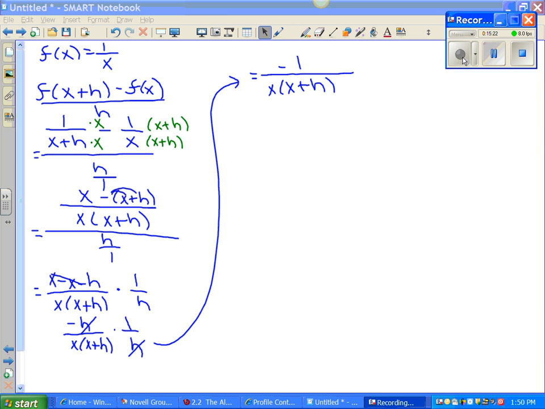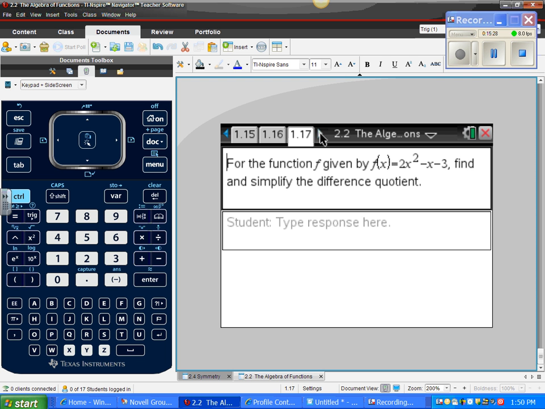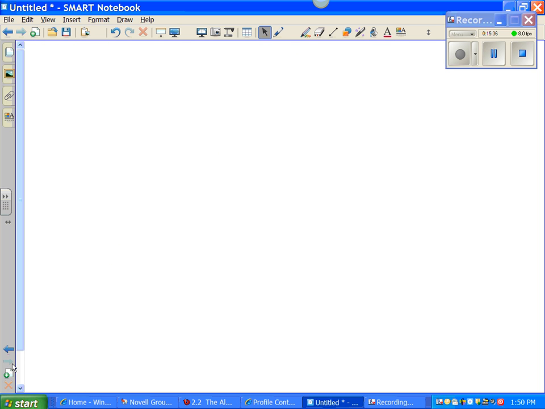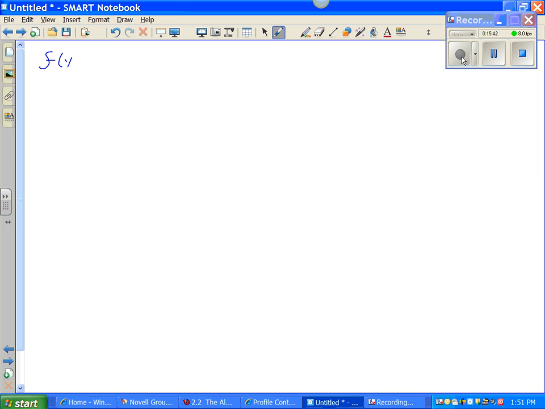Okay, so let's try one more. For the function 2x squared minus x minus 3, find and simplify the difference quotient. So our function f of x was 2x squared minus x minus 3.